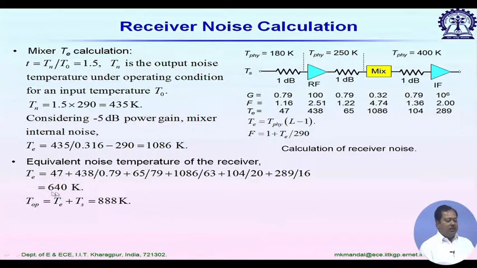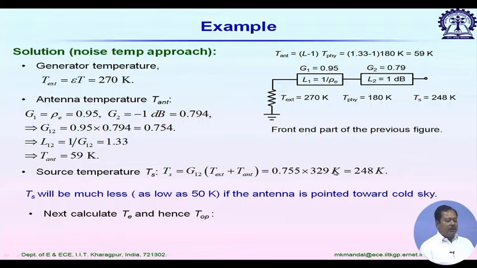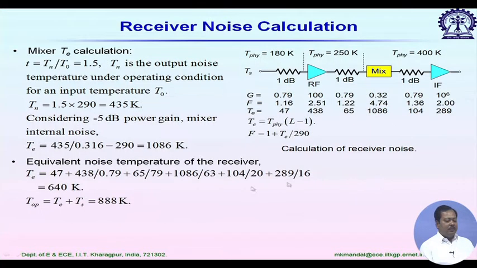So TE is 640 Kelvin. Then T operating is TE plus TS. TS we already calculated here, the source temperature. This is 248 Kelvin. So simply add them up, it comes to 888 Kelvin. This is the equivalent operating noise temperature of the receiver.